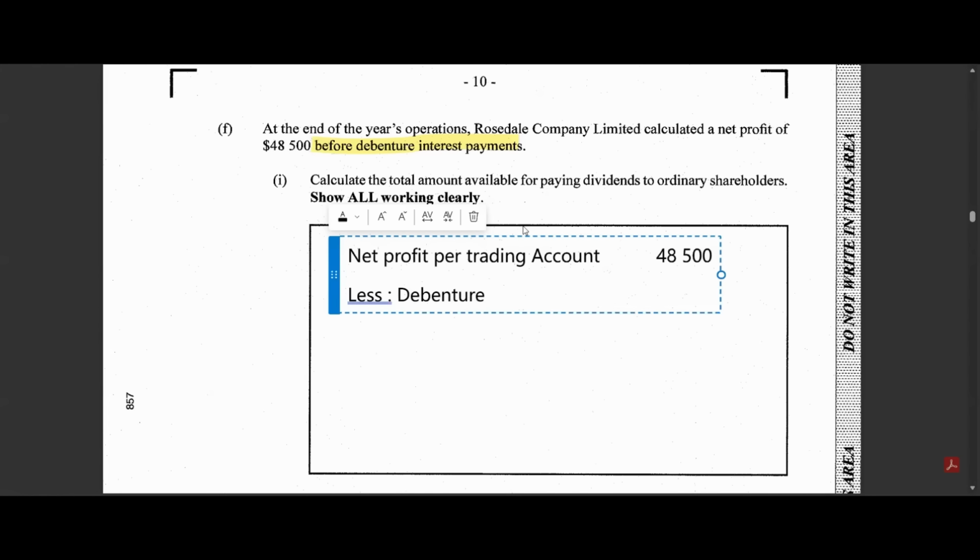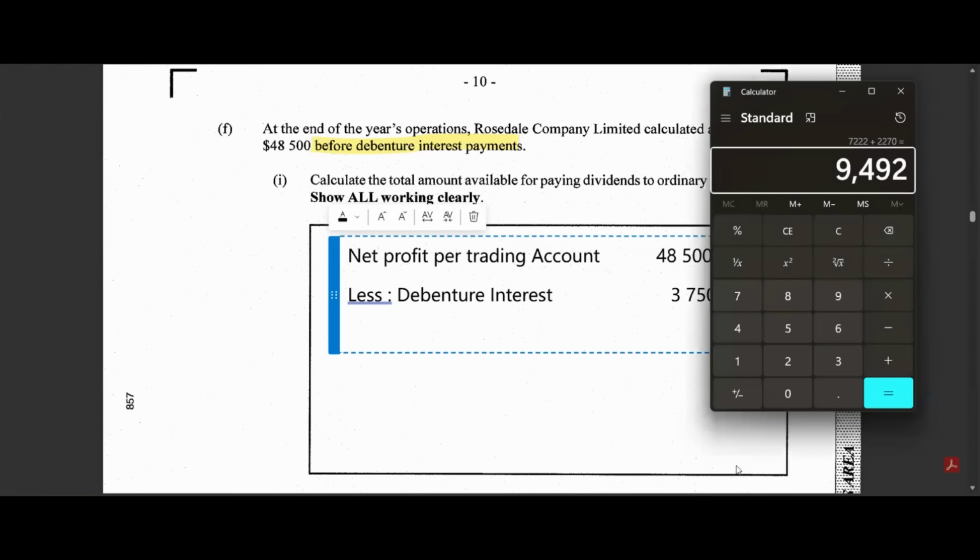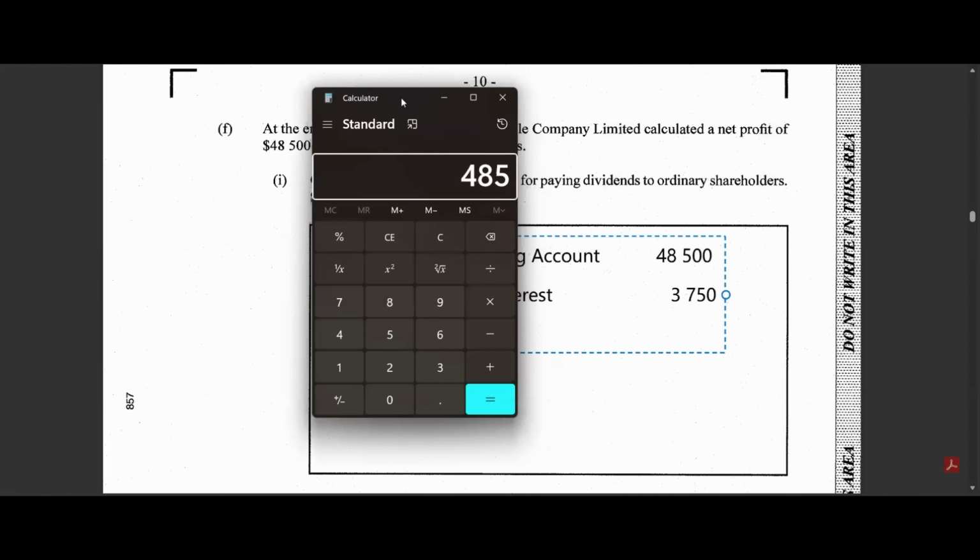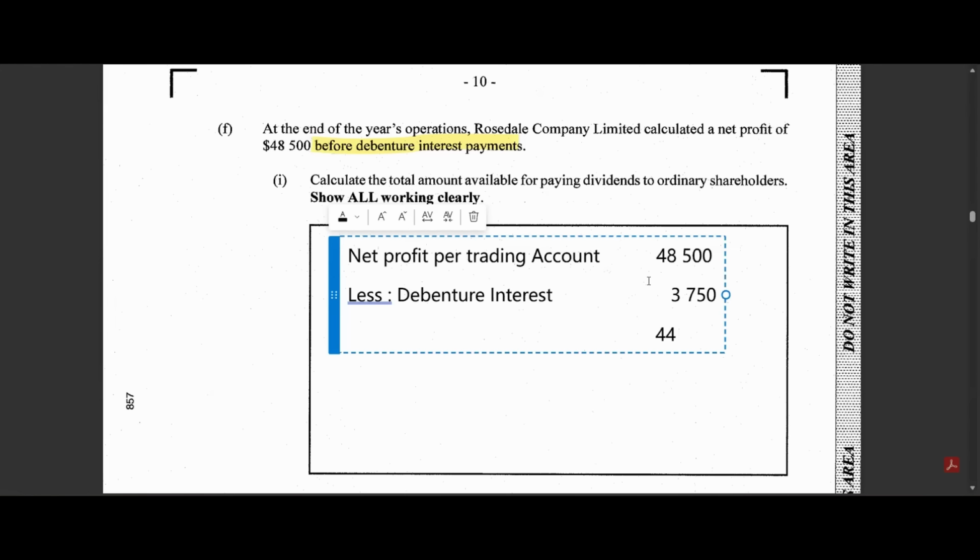Now debenture interest, as we calculated before, would have been $3,750. Good. Now, after we subtract debenture interest, we'll now be able to get the remaining amounts of profits that can now be appropriated amongst shareholders. So 48,000 subtract 3,750. Let's get that value. We now have $44,250 that can now be distributed as dividends to shareholders.